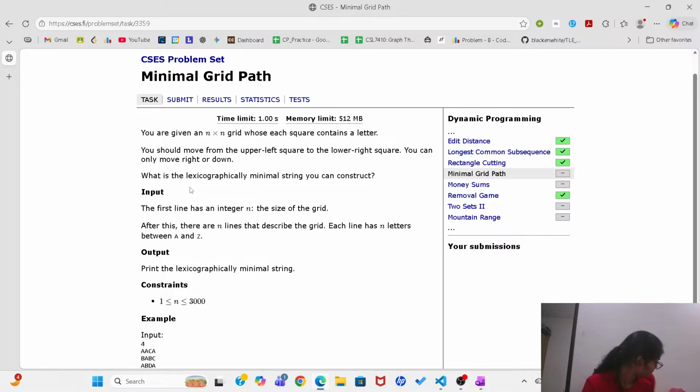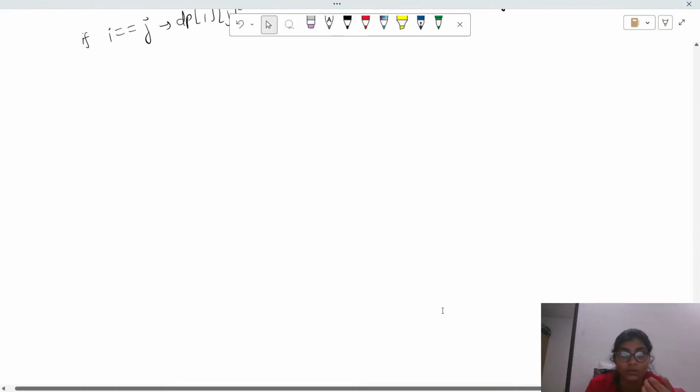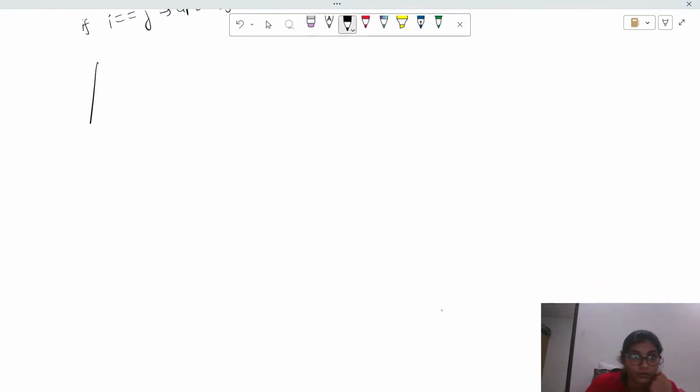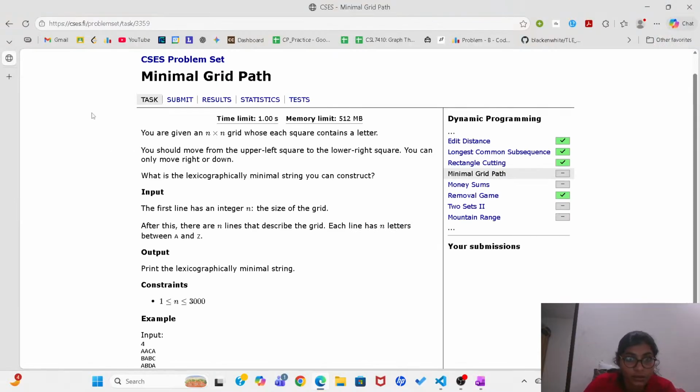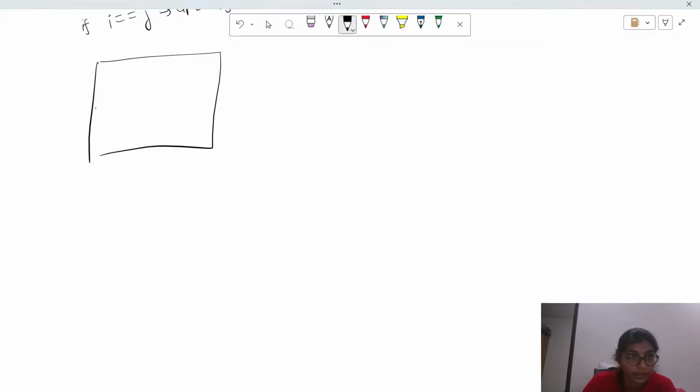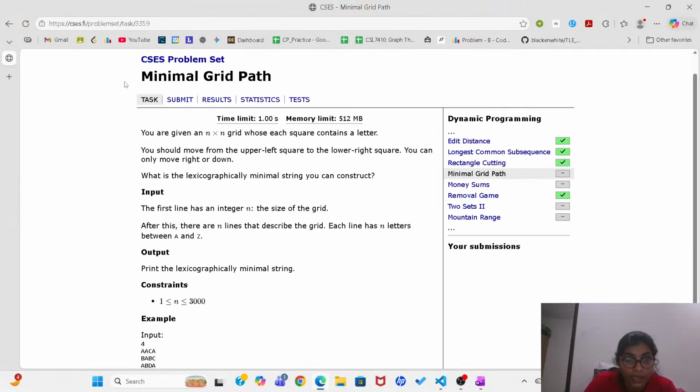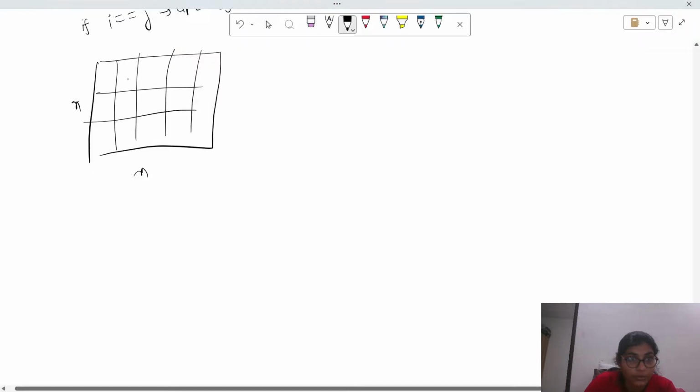Okay, so what's the question? We are given an n by n grid, and each element of the grid contains a letter, and we can either move right or down.